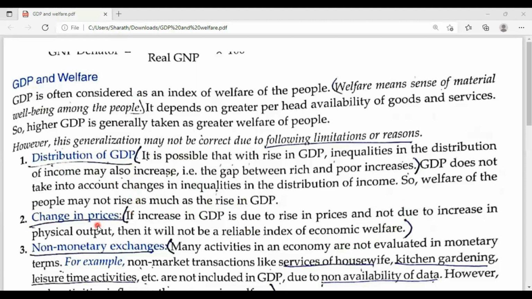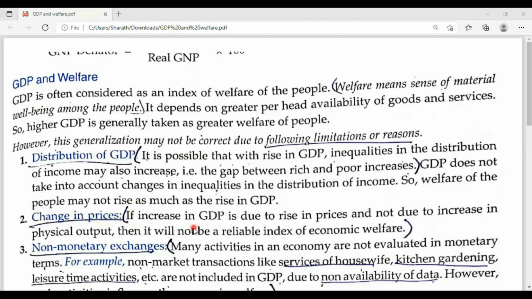Let's go for the next one, that is change in prices. Here they are talking about nominal GDP. You all know that GDP can rise just because of a rise in prices, just because of the inflation effect. Due to that, we cannot consider GDP a reliable indicator of economic welfare.